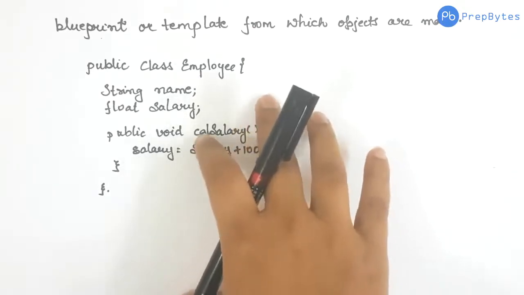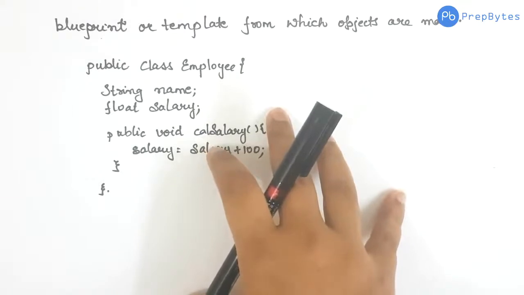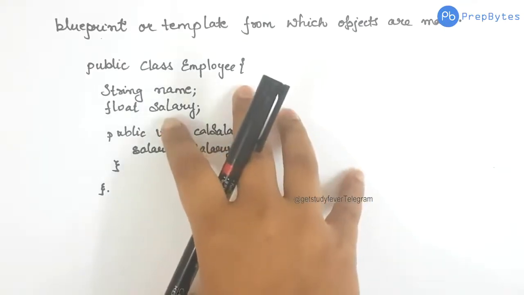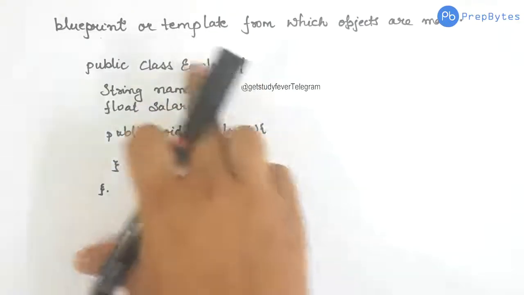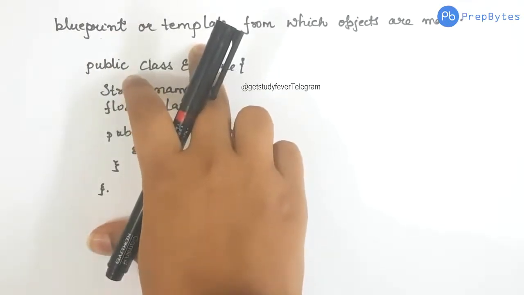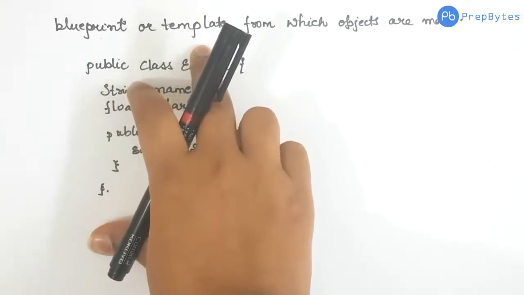So the main difference between object and classes is that an object is something that exists and a class does not exist, because this is just a blueprint or template. Let's say you have to build a house. Before building a house, you design a house using pen and paper.